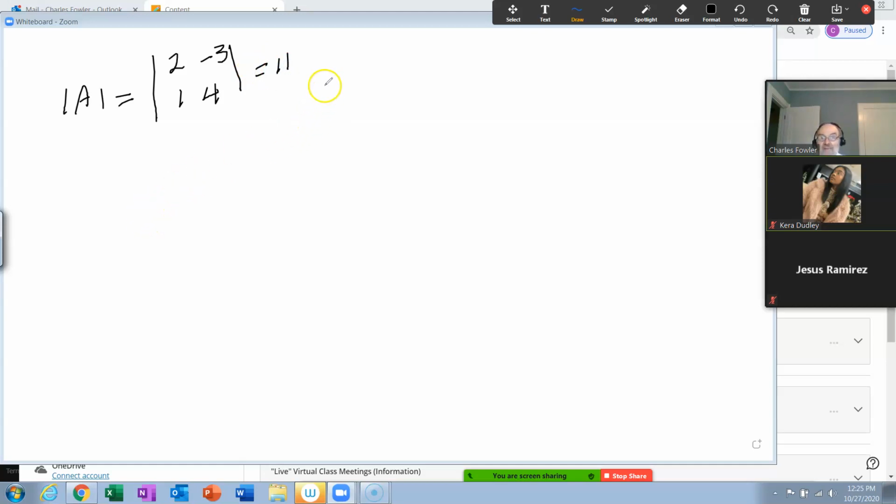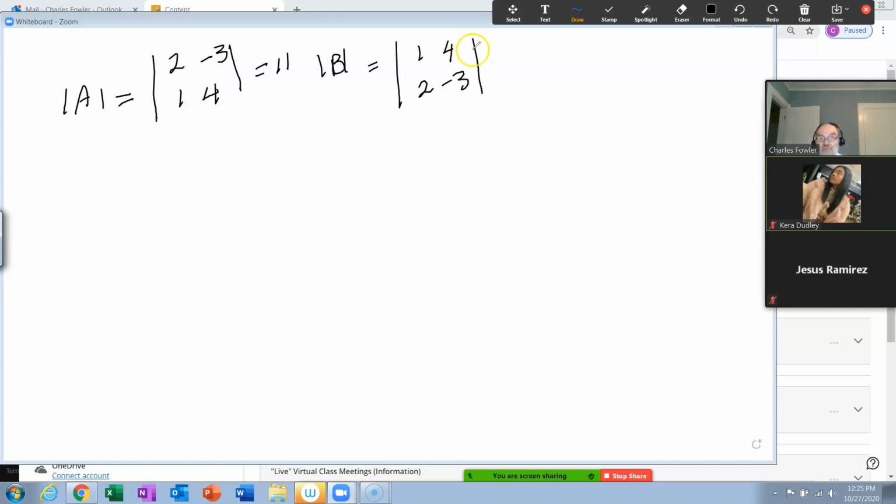Now, matrix B here, how we're going to get matrix B is determinant of B. That's going to be 1, 4, 2, -3. What have we done there? We exchanged the 2 rows. That's all we did. Okay?